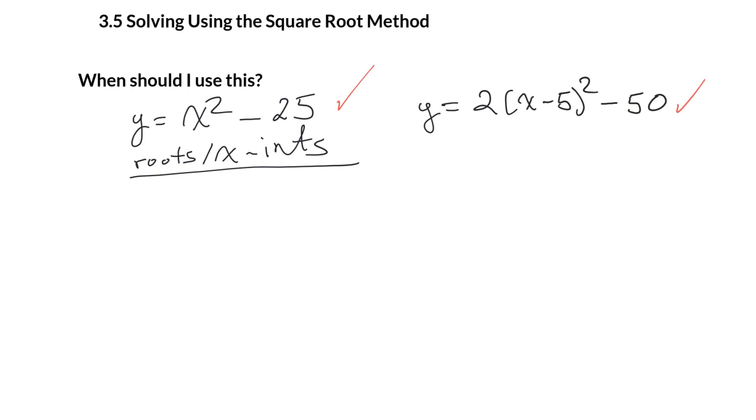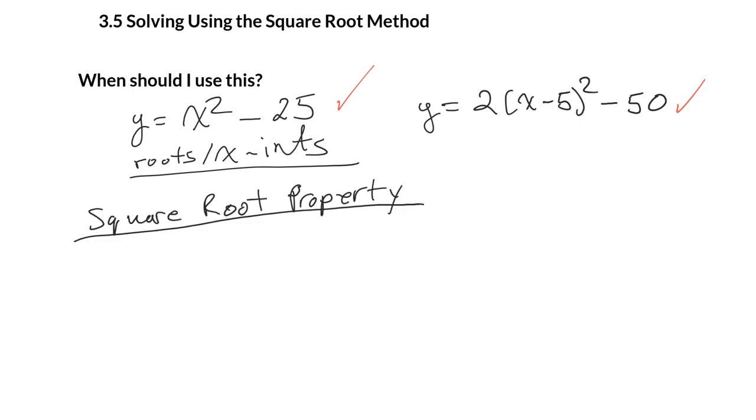Now, the real reason we're going to do this is because we just need to practice that property that we talked about before. Remember, it was called the square root property, where if I knew x squared is equal to n squared, that means x is equal to plus or minus n. So now, here's the next question.